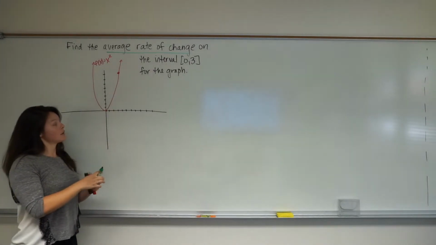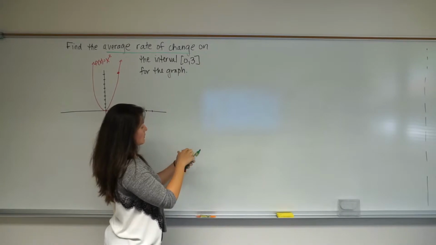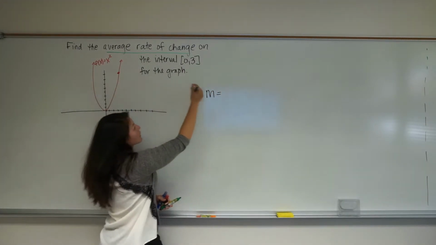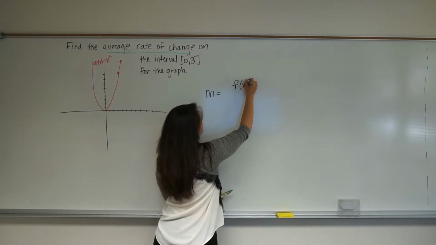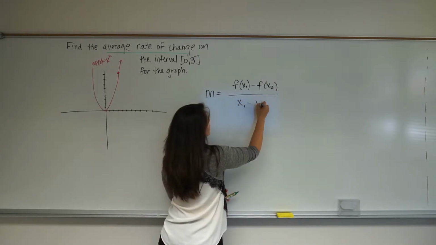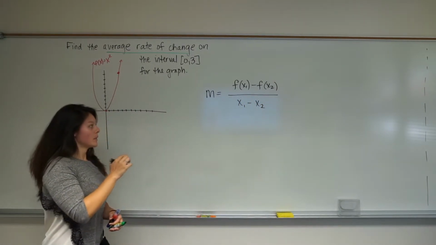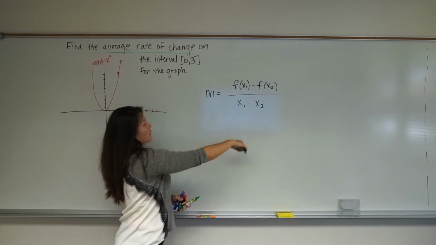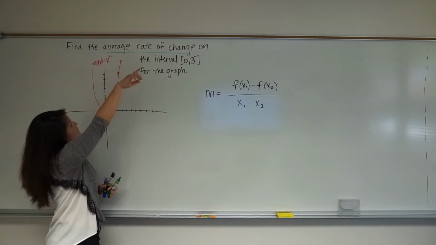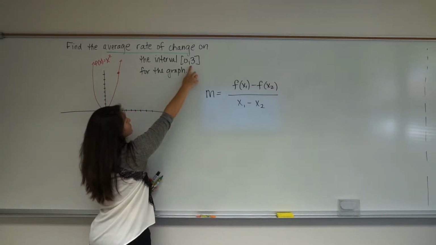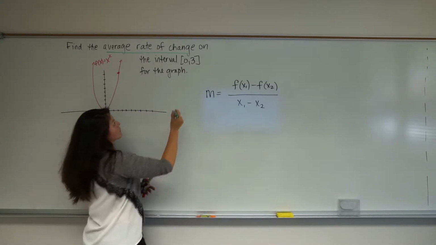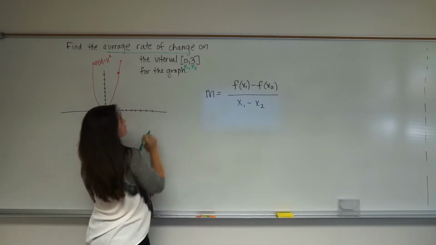And earlier I gave you the formula, that the slope, if we're talking about a function, is f of x2 minus f of x1 over x2 minus x1. But now, where do we figure out what our x1 and x2 are? So if we look in the statement here, find the average rate of change on the interval 0 to 3 for the graph. So this interval here is going to give us our x1 and x2.